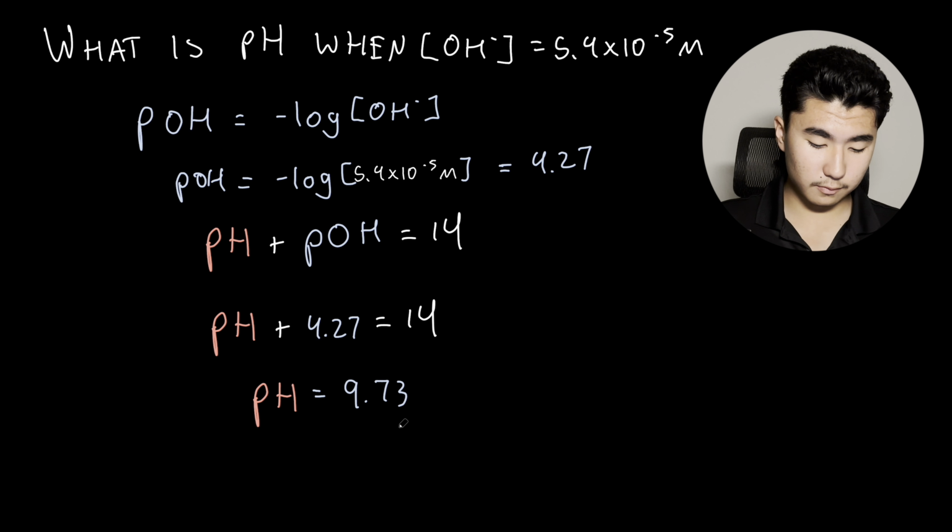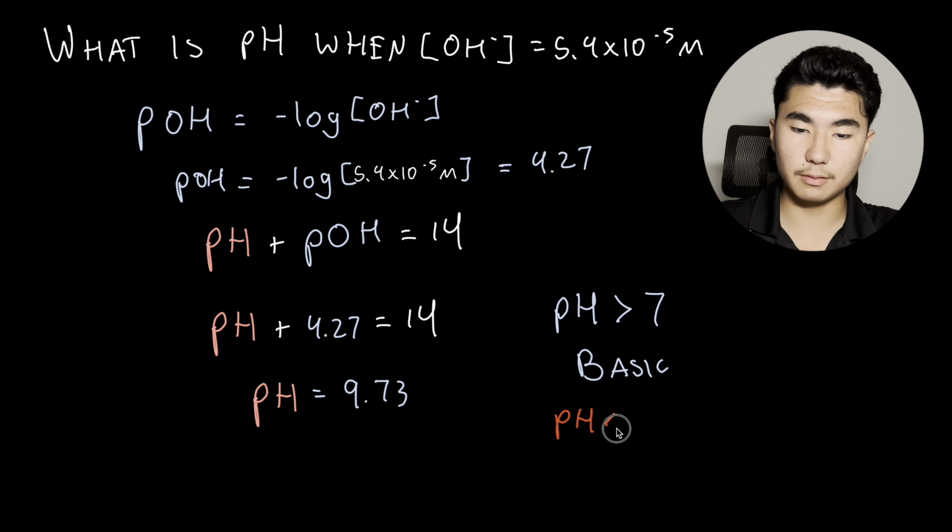And also, one other thing to note is that anything above the pH of 7 is going to be basic, but anything below pH 7 is going to be acidic.